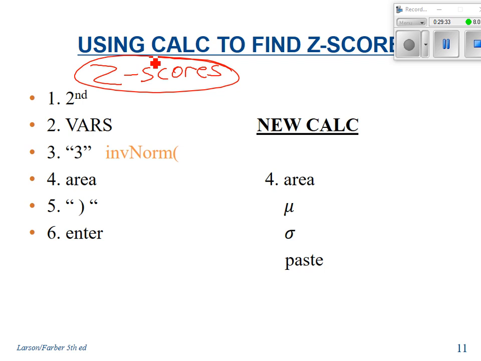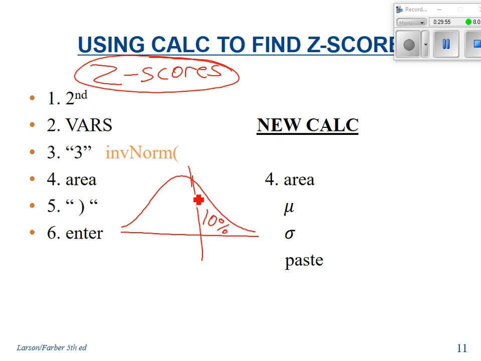And don't worry about this over here. That's for the other calculator. We're finding the actual z-scores for this certain area. Where this is used a lot is, say, some school that only wants to take the top 10%.